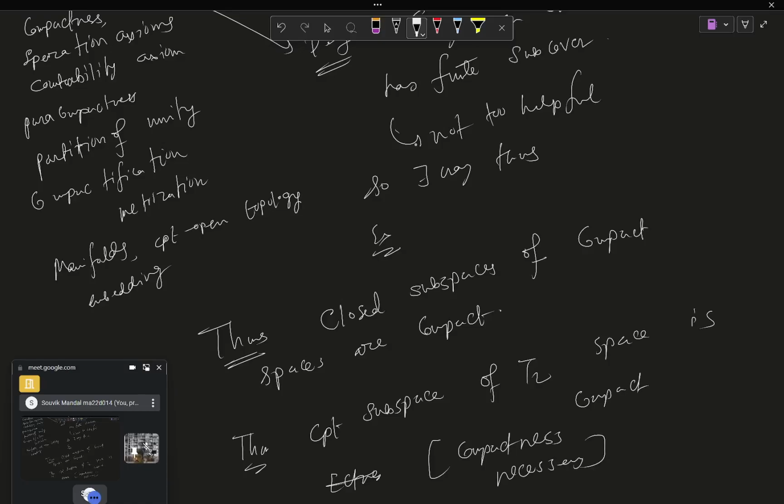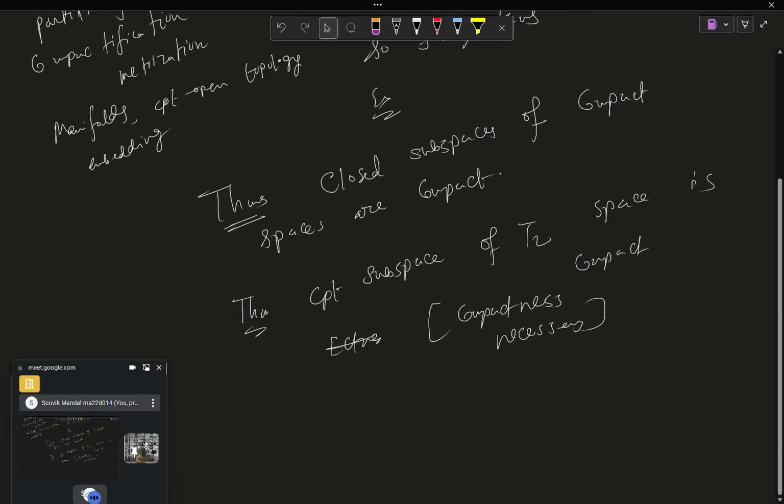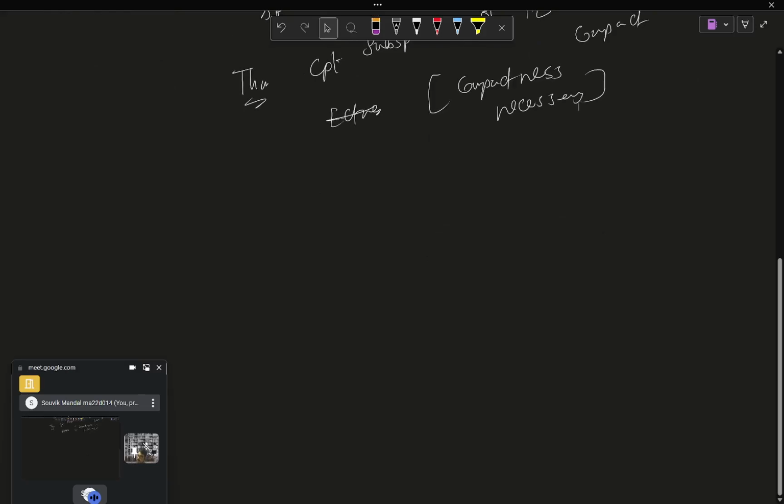Now the next important theorem is the following.